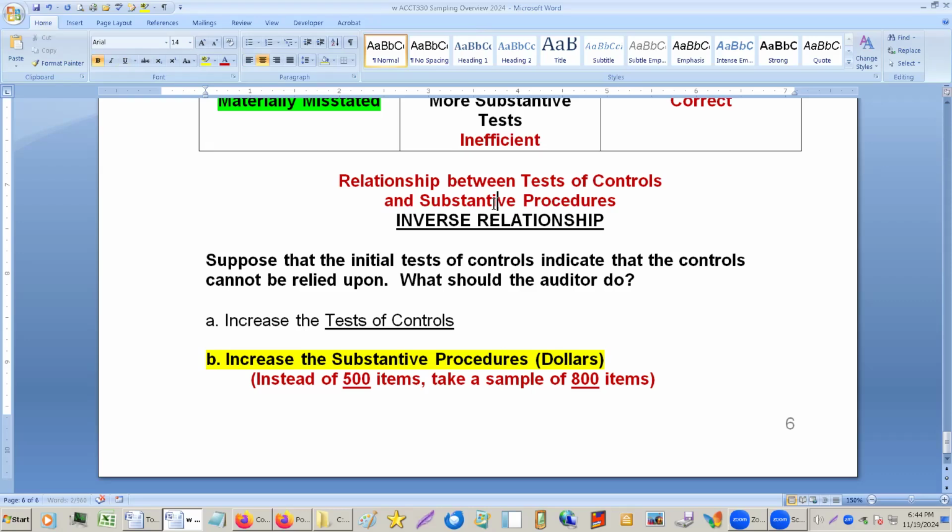So the relationship between tested controls and substantive tests is inverse. If you do less of these, you do more of these. If you can rely on the controls, you do more tested controls and less of the substantive testing. So it's inverse.